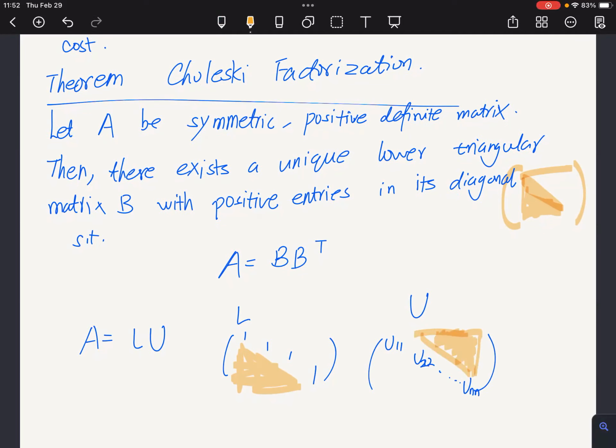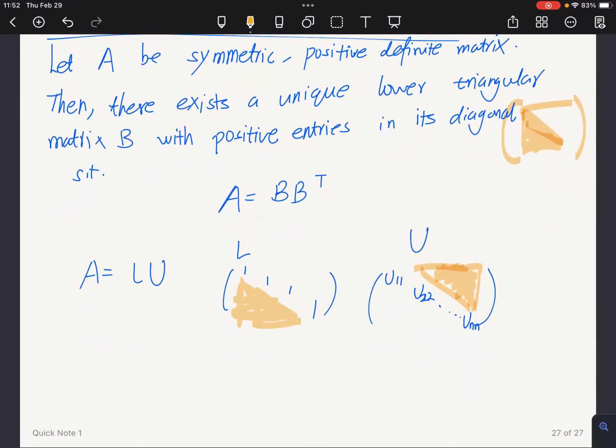One way to prove to get such a B and B transpose here is, let me just get one diagonal thing here. The diagonal thing is the D, and that is a diagonal matrix.